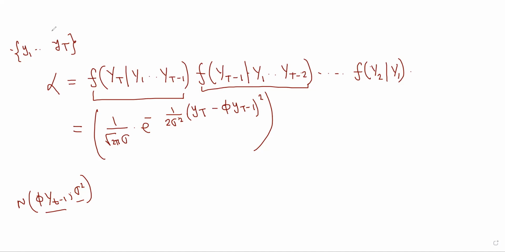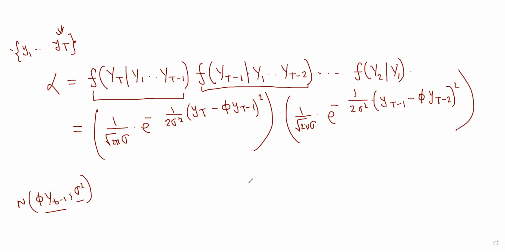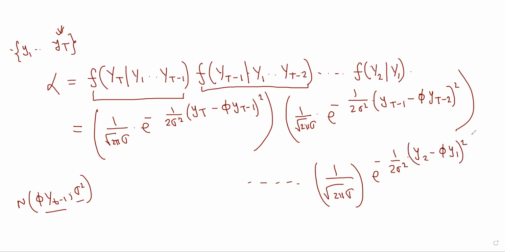So this is how the likelihood of this particular observation looks. Then the next term is yt minus 1 minus phi yt minus 2 square, and so on. Correct?